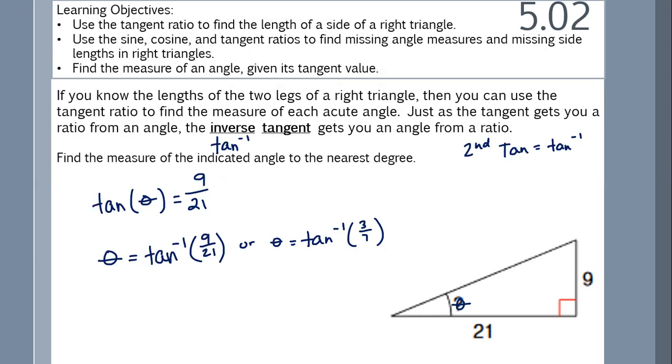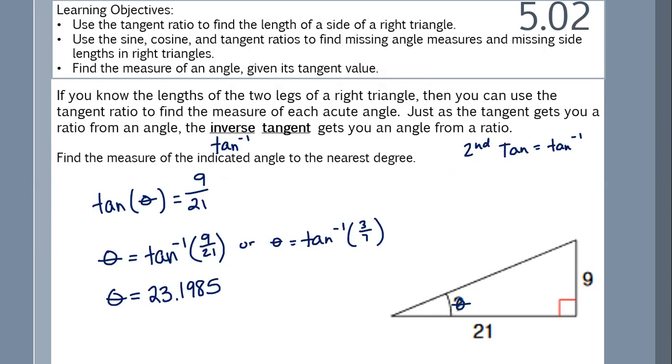Okay, so again, put this in the calculator. Second tan gets you the inverse of tangent. 9 divided by 21, close parentheses. And we get theta to be about 23.1985, decimal, right?